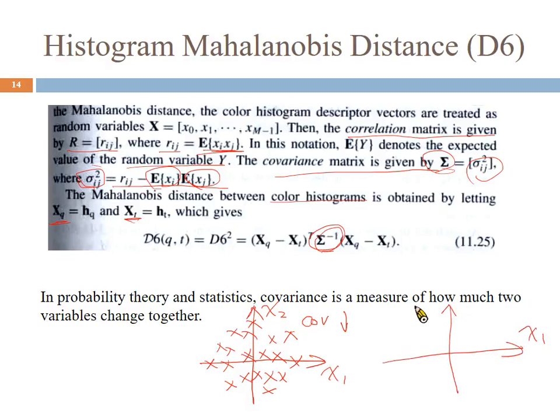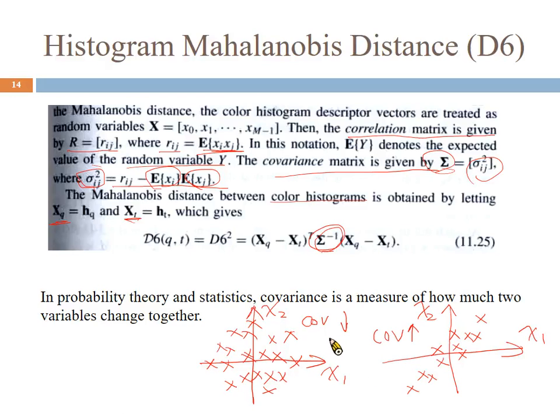If the distribution between s1 and s2 is pretty much like this, then we will see that when s1 is larger, s2 is also larger. In this case, the covariance between s1 and s2 would be larger as well.